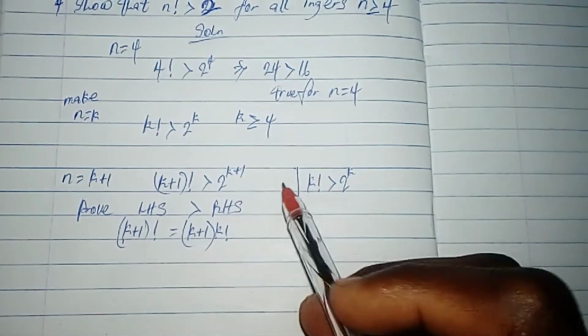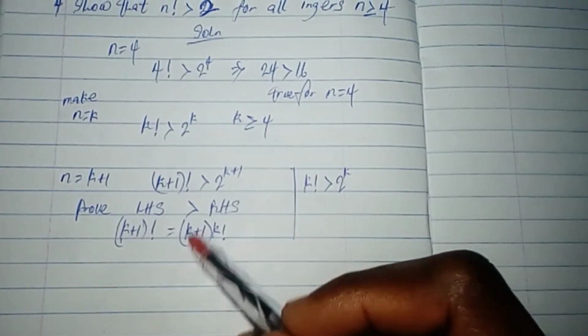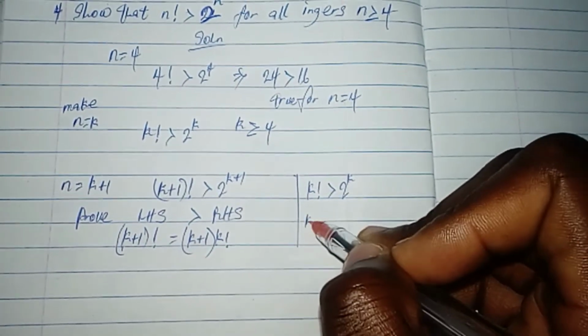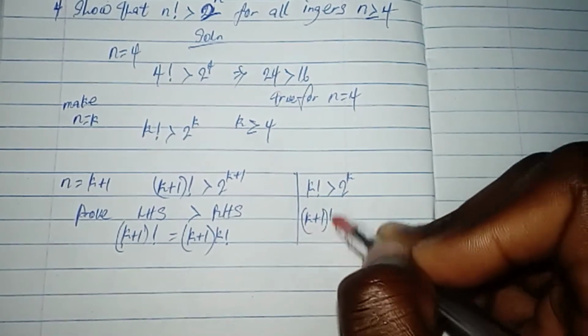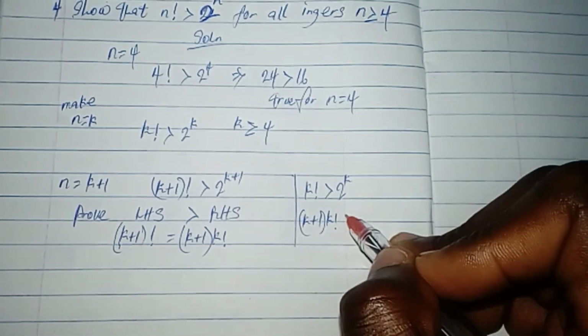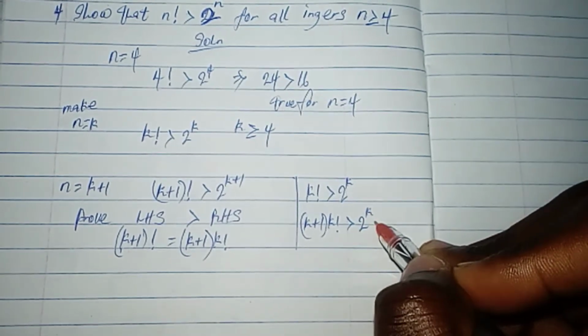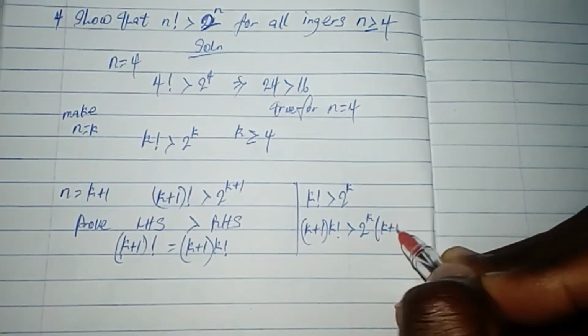So multiplying both sides by k plus 1, just so it can look similar with this, we have k plus 1 times k factorial is greater than 2 raised to the power k times k plus 1.